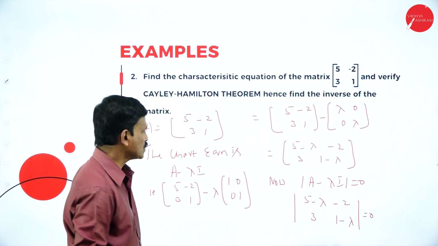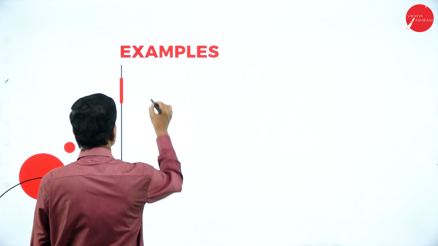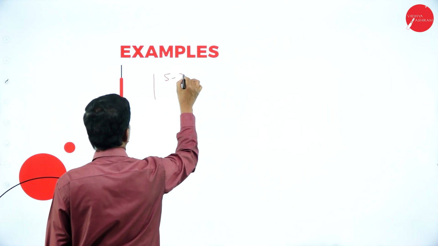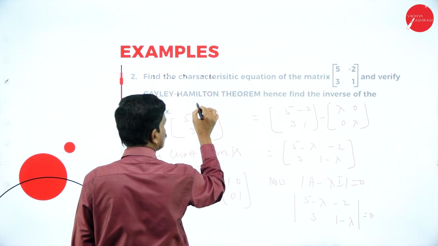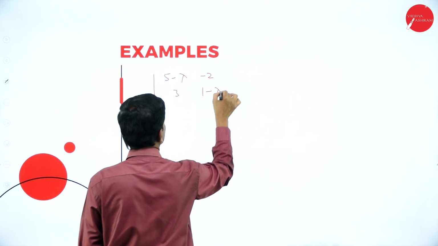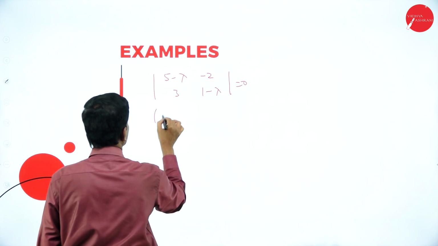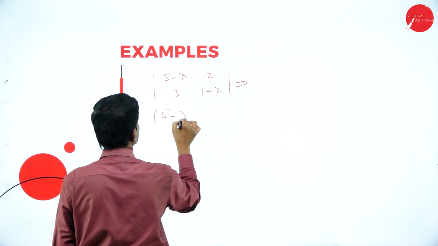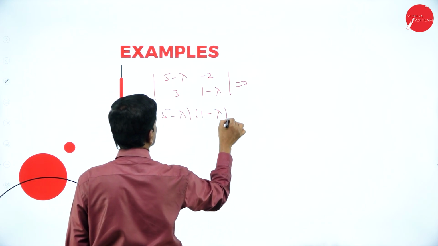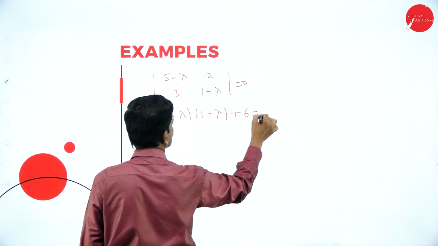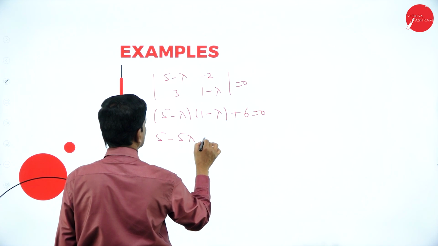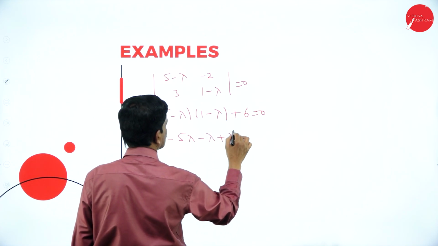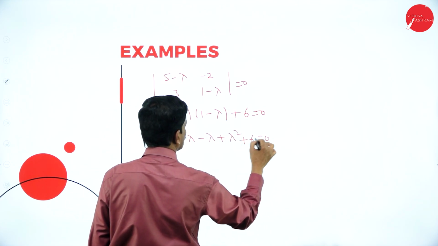Now simplify this. 5 minus lambda, 3, minus 2, 1 minus lambda is equal to 0. Expand this. 5 minus lambda into 1 minus lambda, minus into minus plus, 3 2s are 6. 5 1s are 5, 5 lambda minus lambda, minus into minus plus, lambda square plus 6 is equal to 0.